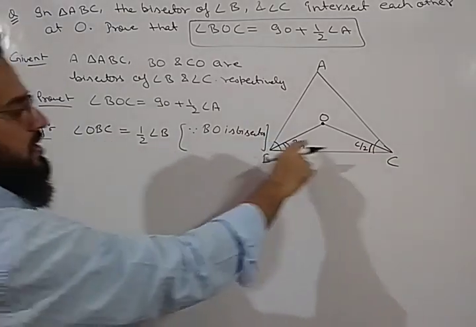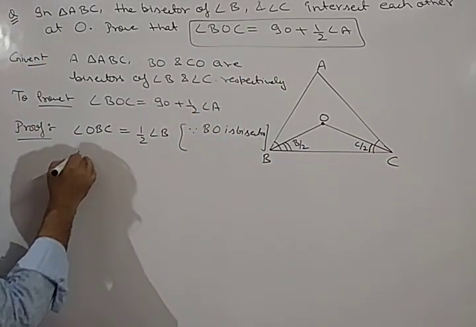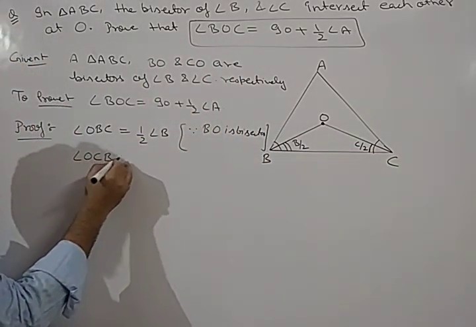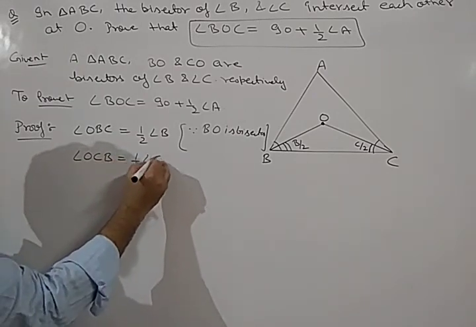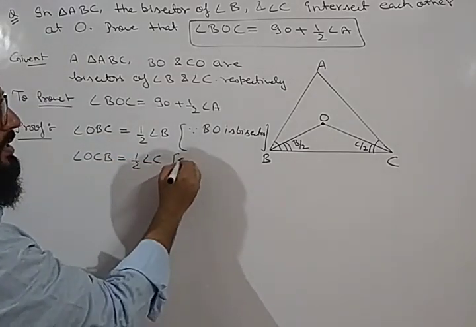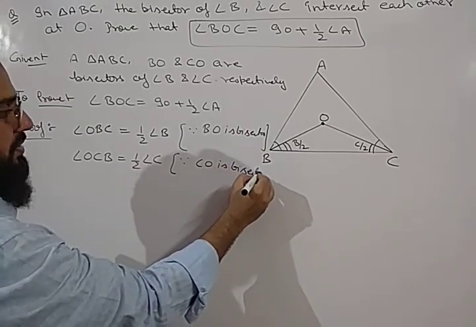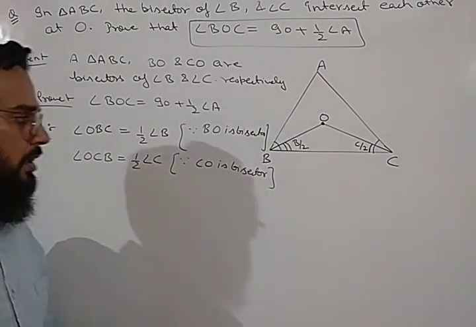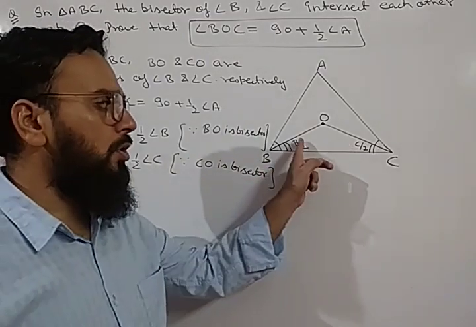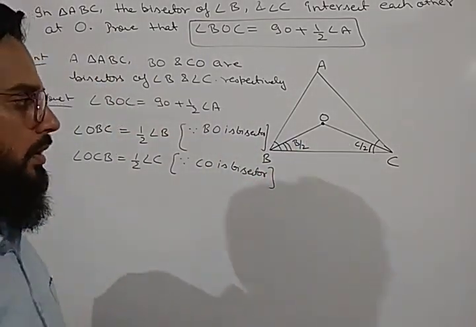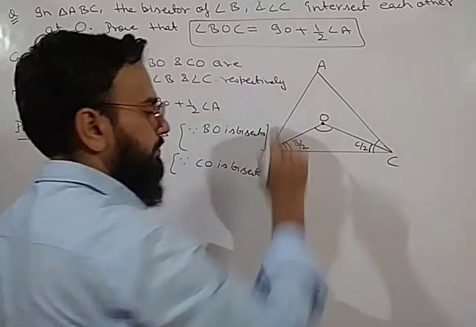So angle OBC is equal to half of angle B. Similarly, angle OCB, it will also be equal to half of angle C. Why it is half of angle C? Since CO is bisector. We have given BO and CO are the bisectors. So angle OCB will be C by 2, OBC will be B by 2. And this is angle BOC.